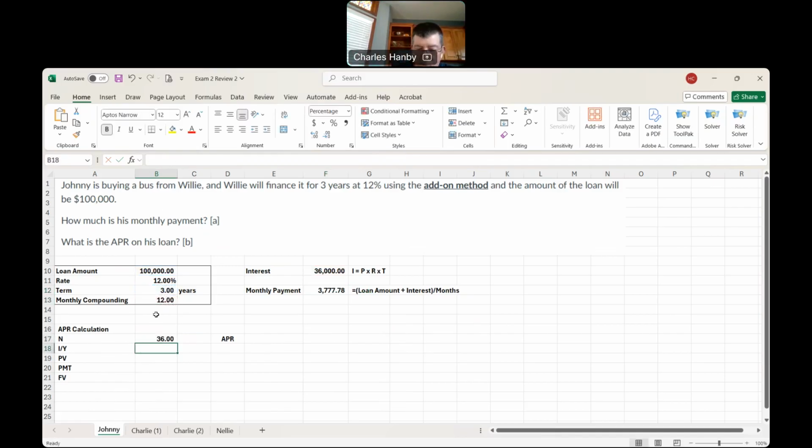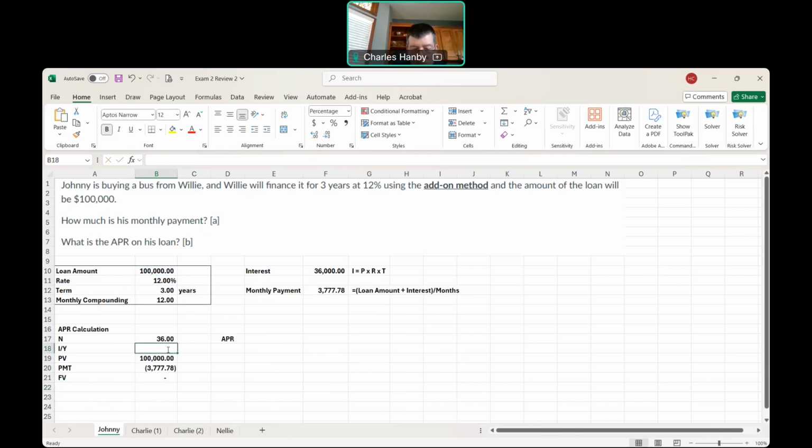The rate is, we're calculating the rate. The PV is the loan amount, and then the payment is the monthly payment, the $777.78, and the future value is 0.